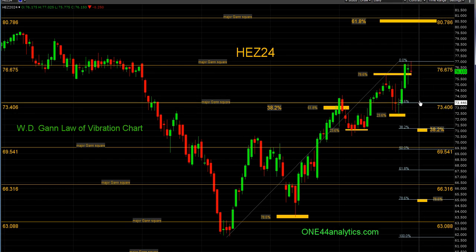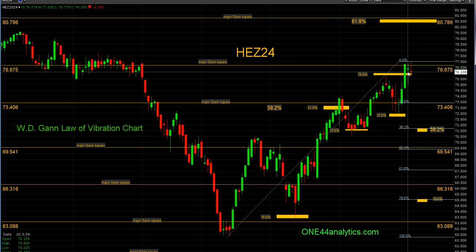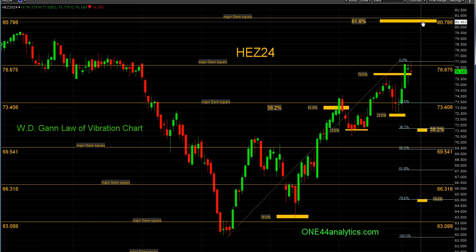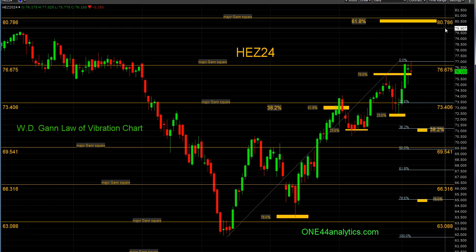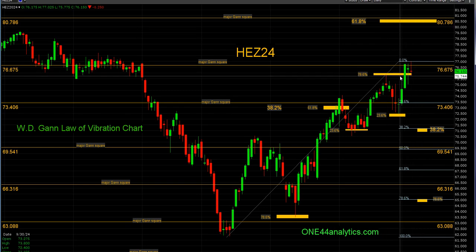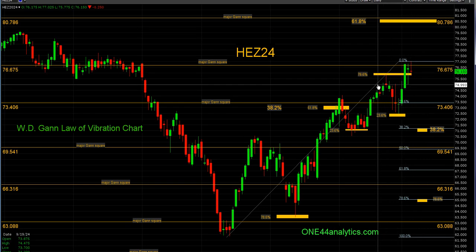So holding this area right here would be an extremely positive sign, and anything that goes higher, we'd be looking for new highs. And in this case here, if it fails to turn down from here, we'll be looking right up here into this 61.8 on the continuation chart, around 80.40, and then the 80.78 major Gann square up above is our next target up there, provided we don't turn from here.